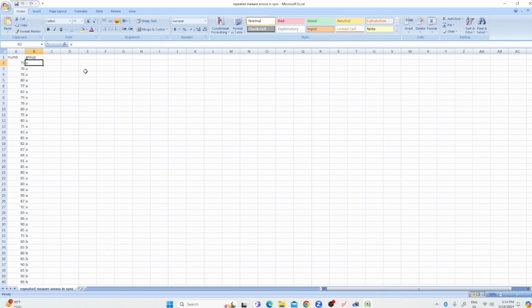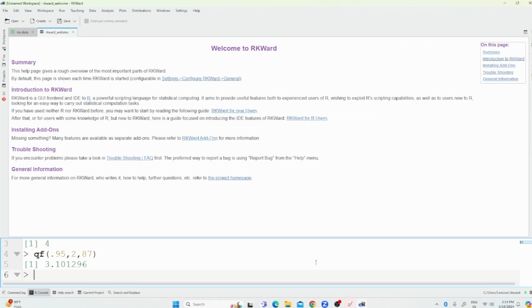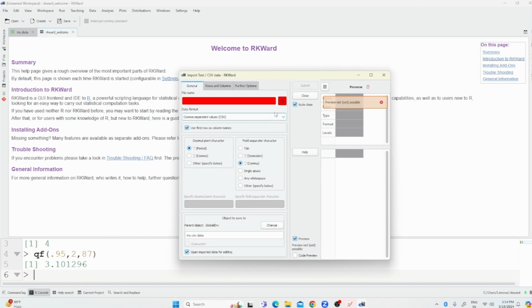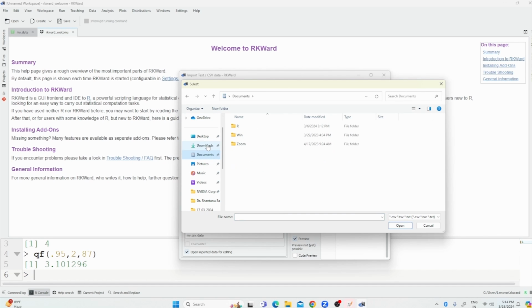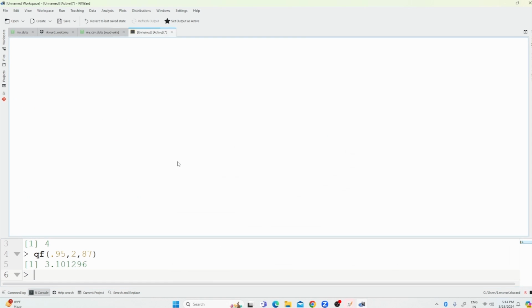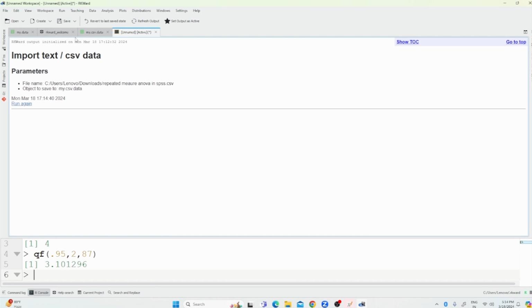So, now the skill lies with the researcher. So, what we do, if we import this file, CSV file, we go here, we browse downloads. See. So, this is our data.